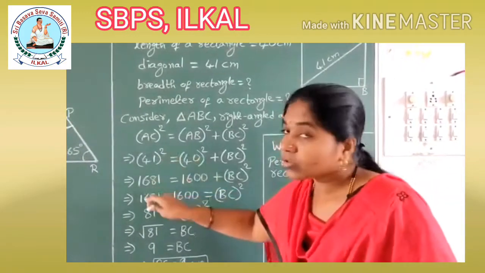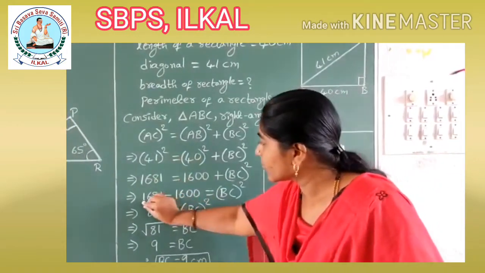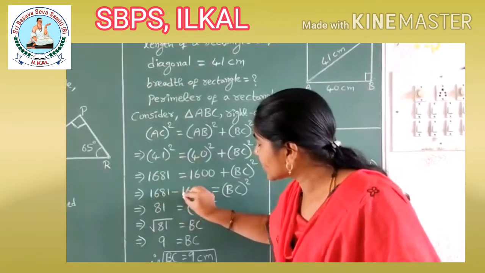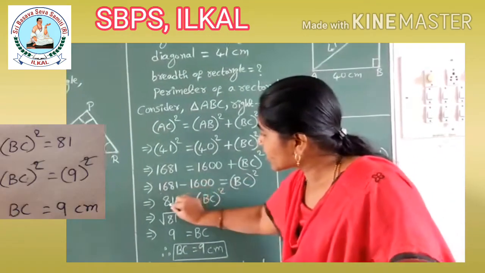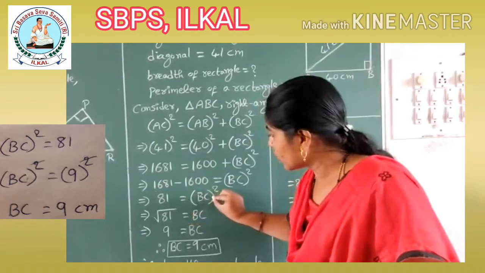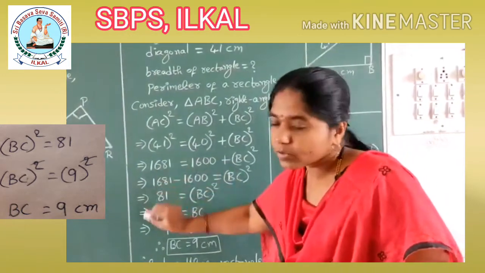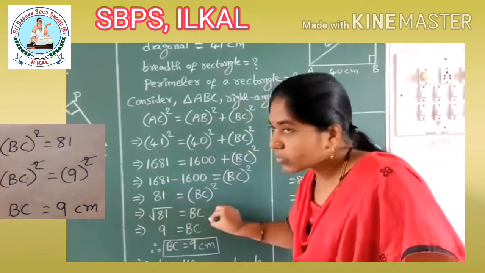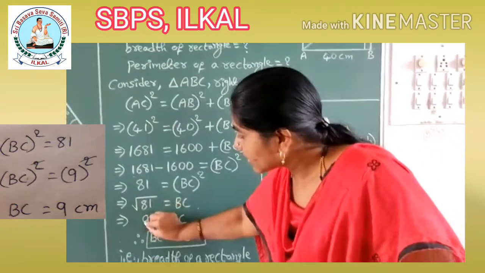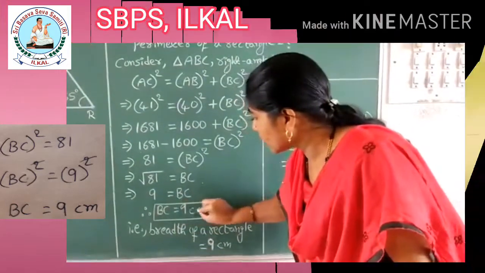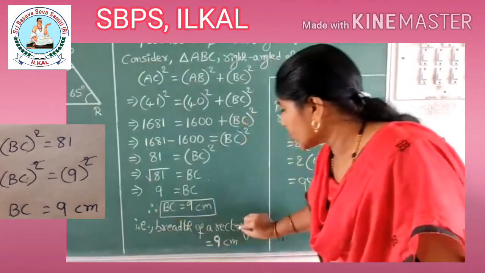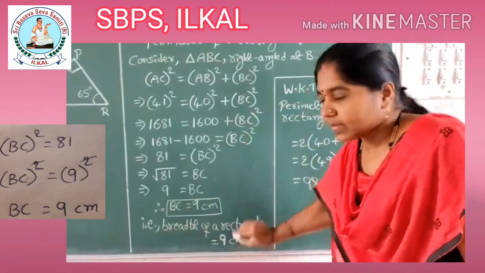If you transpose to the left hand side, it will become 1681 minus 1600 is equal to BC square. After subtraction, you will get 81 which is equal to BC square. Square root of 81 is equal to BC. Square root of 81 is 9. Therefore, BC is equal to 9 cm. That is, the breadth of the rectangle is 9 cm.